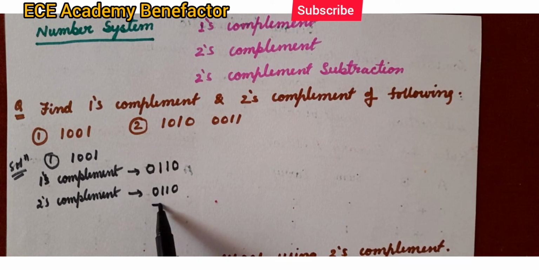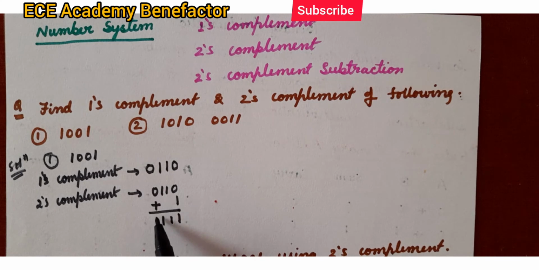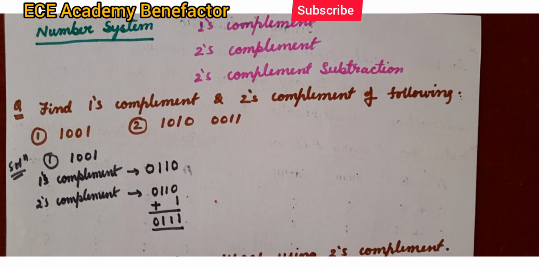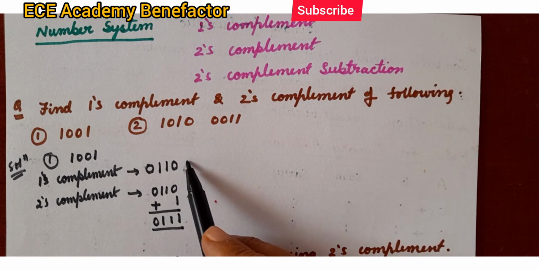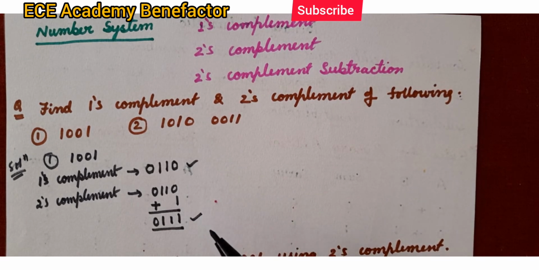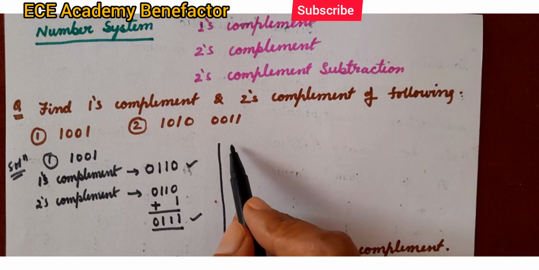To this ones complement add 1 to it. 0 plus 1, 1, 1 and 1 and 0. This is a twos complement. Okay. So what is the answer here? Ones complement is 0, 1, 1, 0 and twos complement is 0, 1, 1, 1.